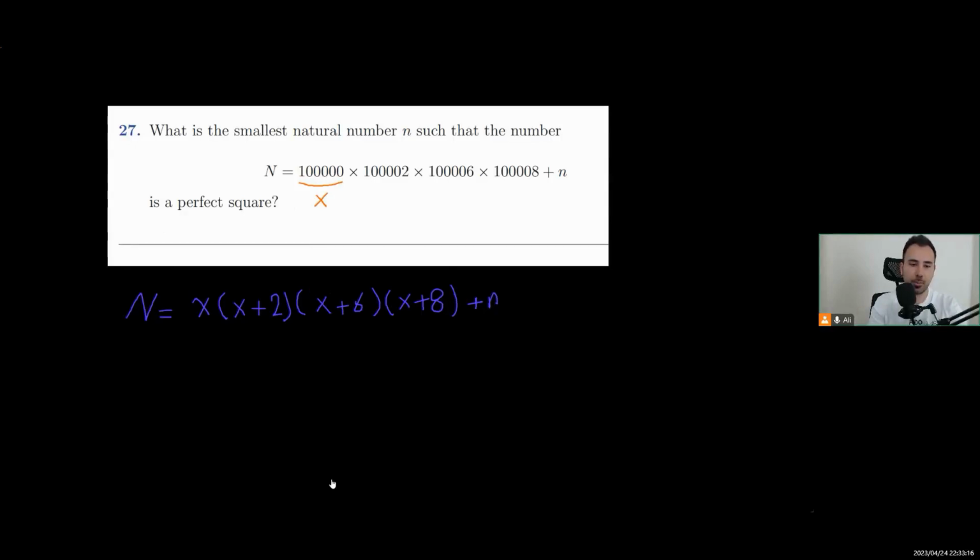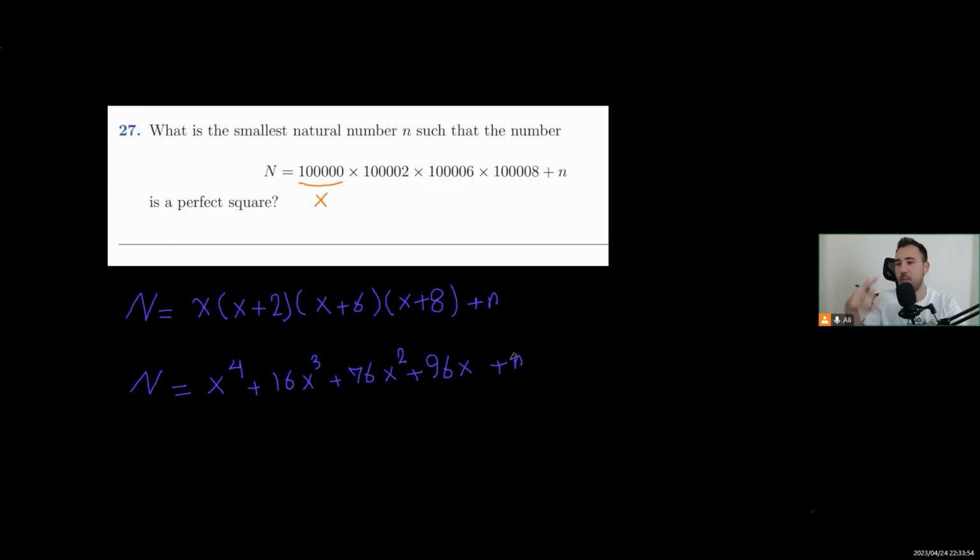If we multiply them, I'm not going to do it all here. So I have it here: x to the 4th power plus 16 x cubed plus 76 x squared and plus 96x and plus n.